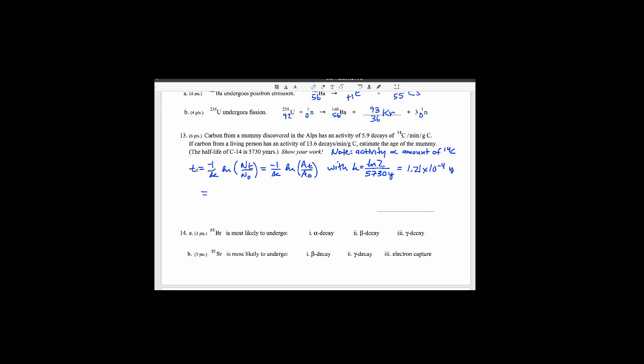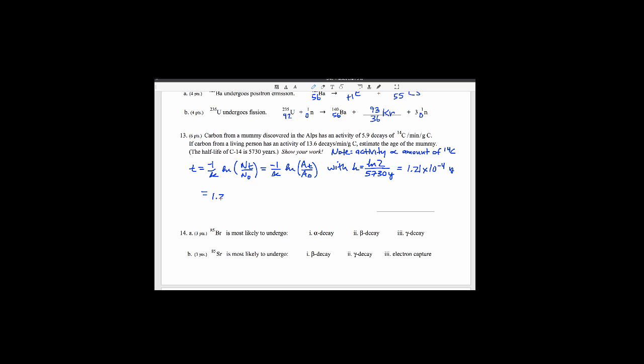So the time that has passed from when the person who became the mummy died to now corresponds to the amount of material that we started with compared to the amount we end up with, that material being carbon-14, and that's the same as the ratio of the activities.